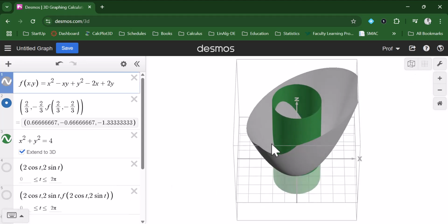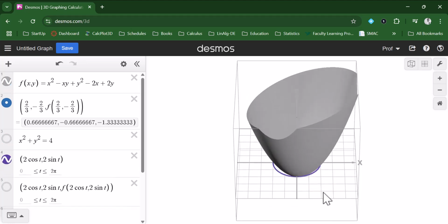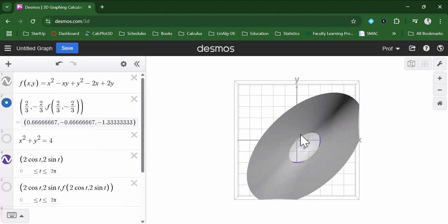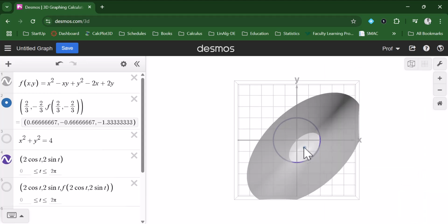Now, if we shift our idea from this cylinder to the actual circle, just down on the xy plane, remember that this is our domain. Let's make this a little bit translucent so that we can see the circle. So we can see our minimum is happening over here at 2/3 comma negative 2/3, negative 4/3.